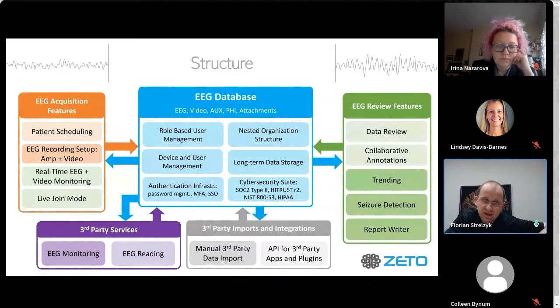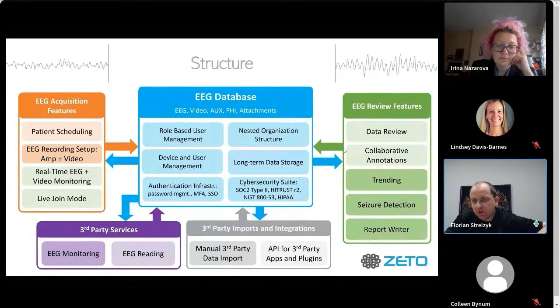You export that data as an EDF or EDF+, and you can import that data into our cloud also. So we can use the collaborative annotations, the trending, the seizure detection, all those things that are implemented in our cloud, but not have to use Zeto data. You can also use third-party data.